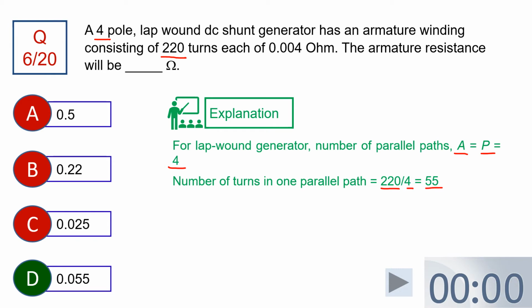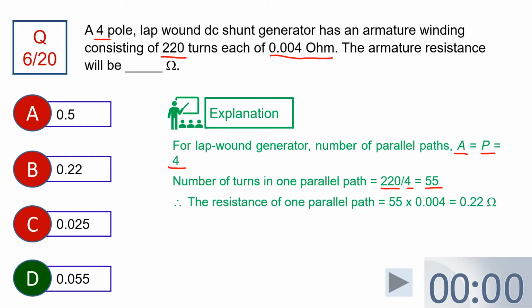So there are 55 turns connected in series and resistance of each turn, it is given as 0.004 ohm, and therefore resistance of one parallel path, it must be equal to 55 into 0.004, which is 0.22 ohm. So this is the resistance of one parallel path.